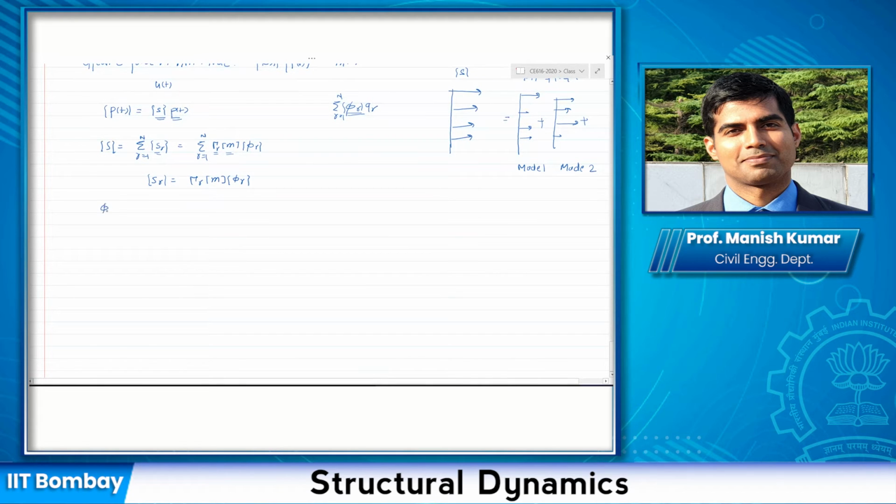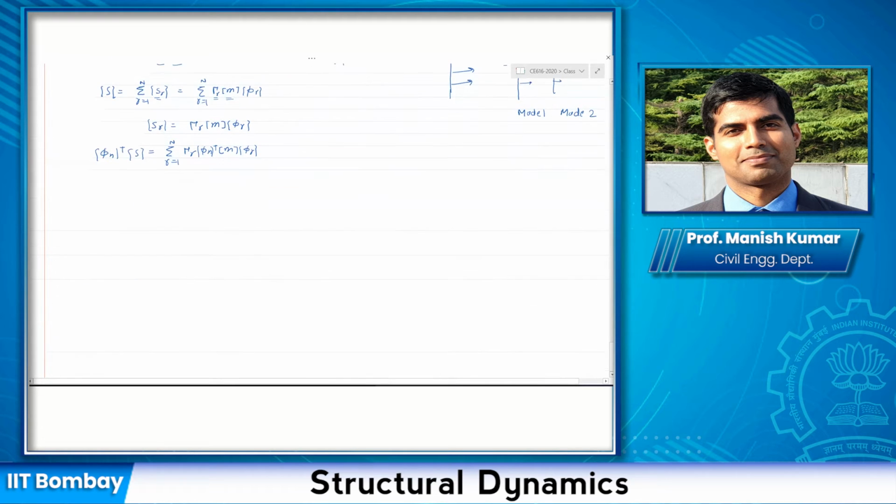I'm going to multiply this as s here and this summation r equal to 1 to N, and this I will multiply by phi_n transpose, the same quantity, phi_n transpose times mass times phi_r. Now as you know, this quantity would always be 0 except when r equal to n. So the only term that is going to survive here would be when r is equal to n.